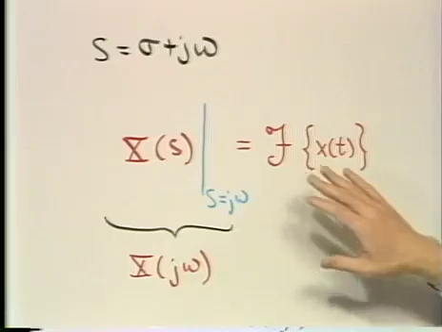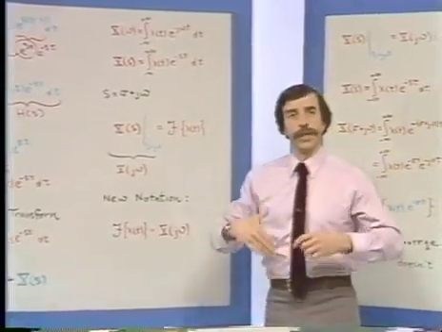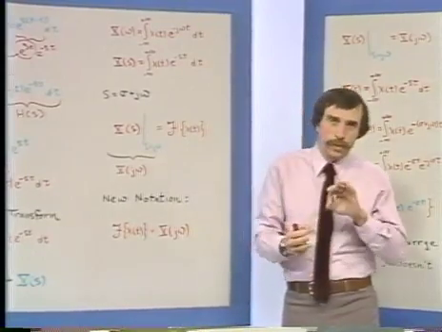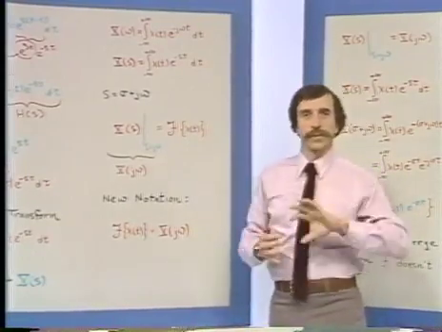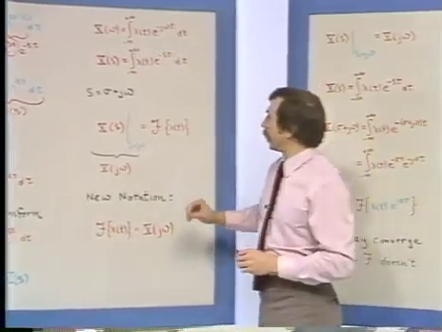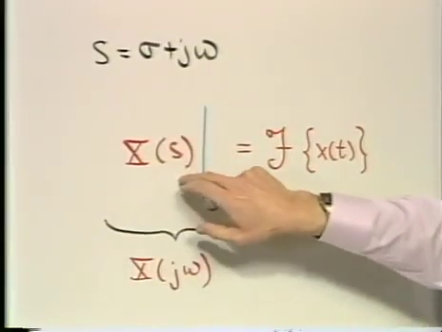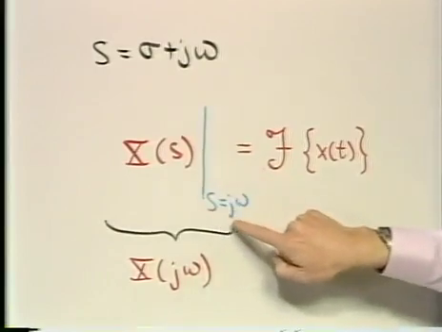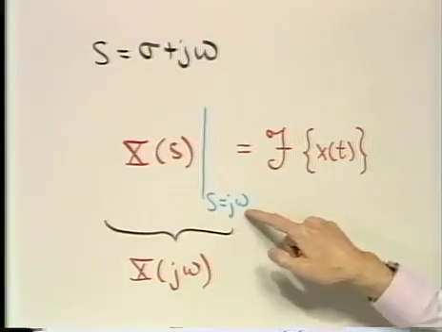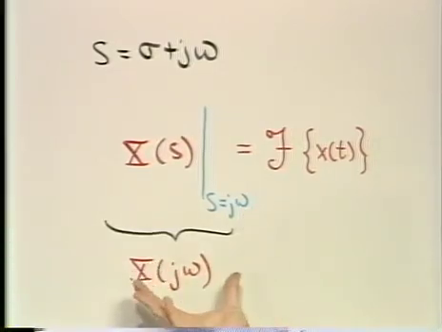Now, there's a slight notational issue that this raises, and it's very straightforward to clean it up, but it's something that you have to just focus on for a second to understand what the issue is. Notice that on the left-hand side of this equation, x of s, representing the Laplace transform, when we look at that with sigma equal to 0 or s equal to j omega, our natural inclination is to write that as x of j omega, of course.